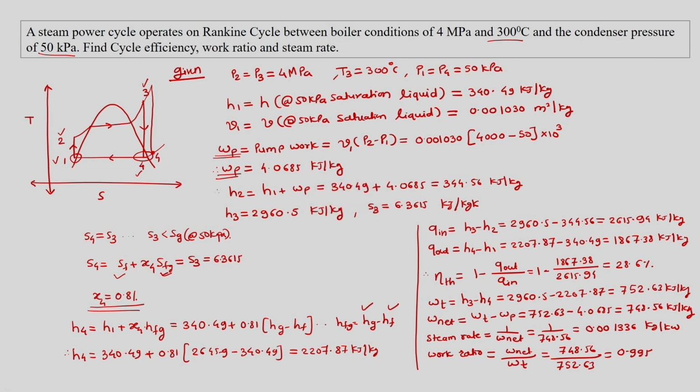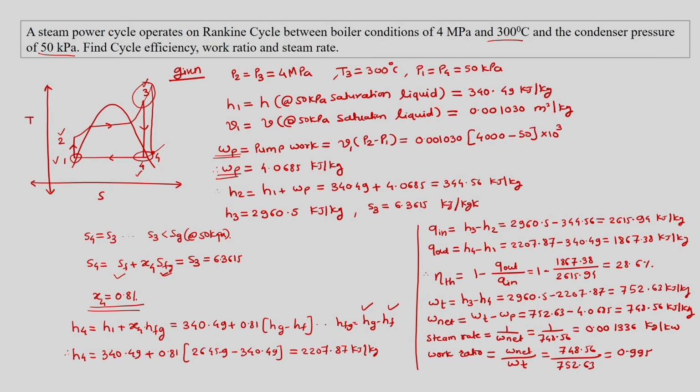Here we also have to remember one more point. Suppose in the present case we need to find out the condition at 3 from the steam table, and 300 degrees Celsius superheat temperature is not available corresponding to 4 megapascal, but 350 and 250 temperatures are given.